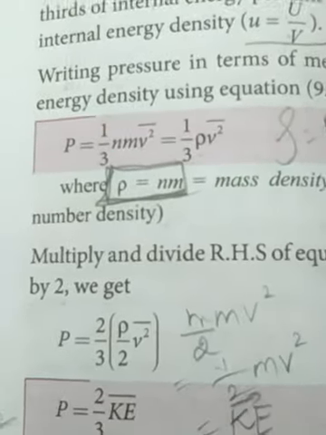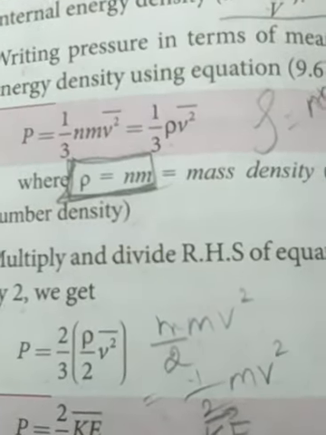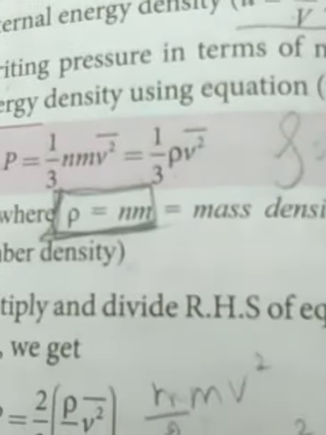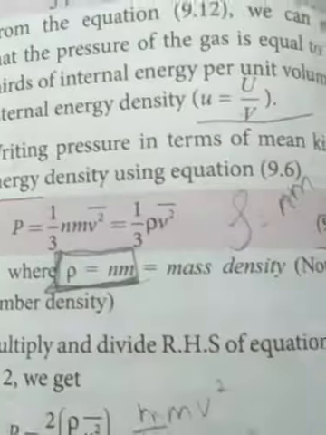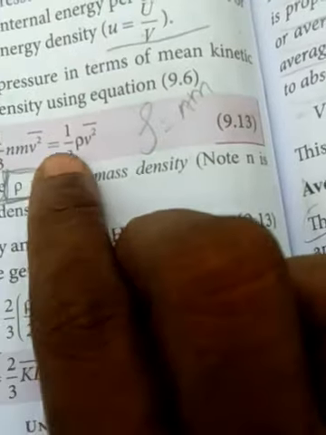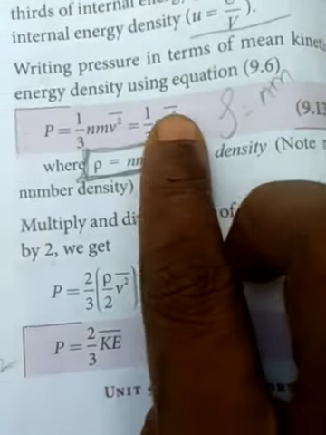Okay. Next you see we multiply and divide both sides by 2. So P equal to 1 by 3 rho v squared.